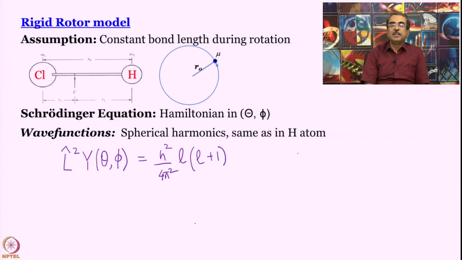Here the difference with the hydrogen atom is that this R is constant. So, we can try to find out what the rotational energy is here.